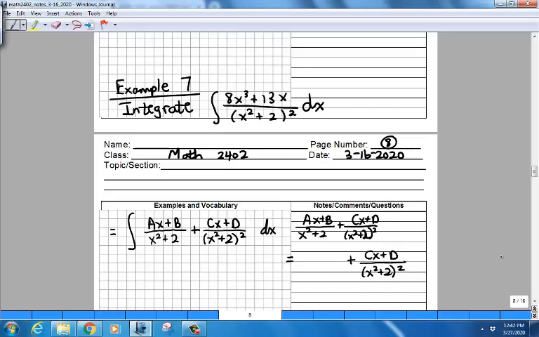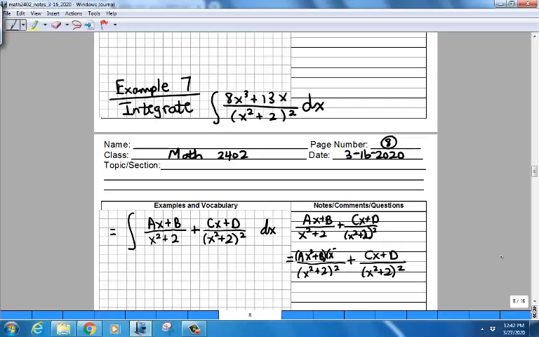But the first fraction I'm going to have to change a little bit, because I've got to multiply top and bottom by another factor of x squared plus 2, so that I will get x squared plus 2 squared in the denominator of the first fraction. So multiply top and bottom by x squared plus 2. That's going to give you a little bit of algebra.